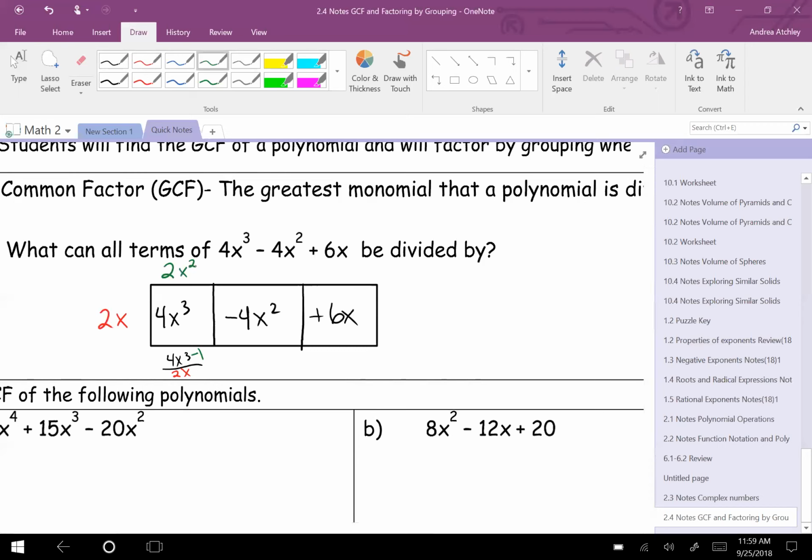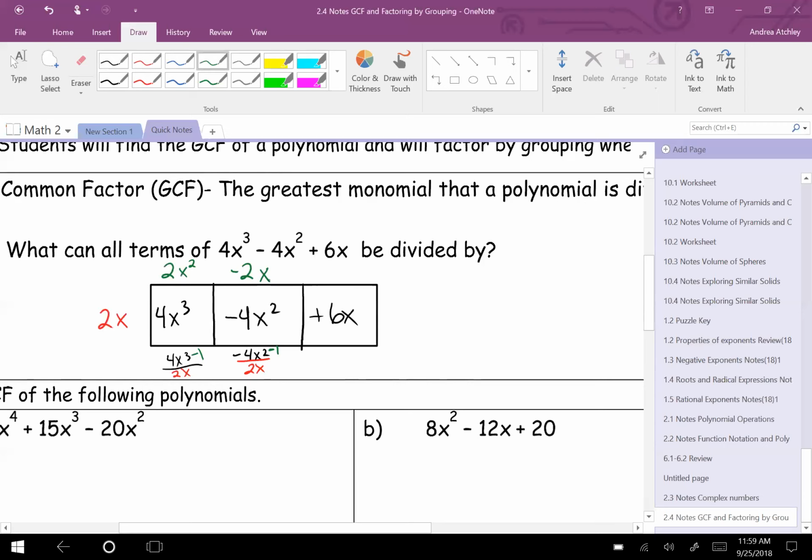Any questions over that? We're going to do the same thing. This is going to be negative 4x squared. And we're going to divide it by 2x. And then negative 4 divided by 2 is negative 2. And again, I'm going to move this up and subtract an x and just get left with x.